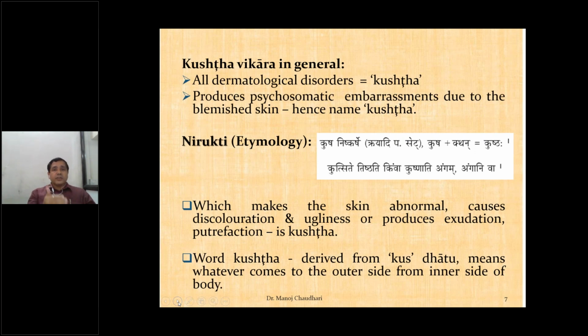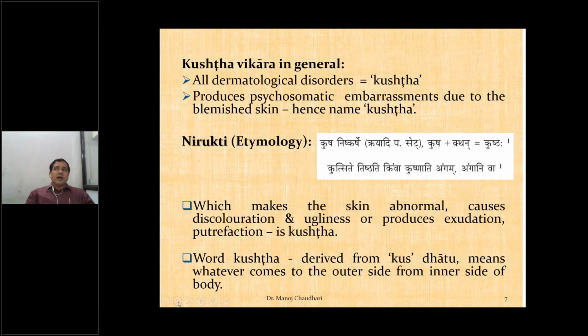Now we will see Kushtha Vikara in general, like etiology, etc. All dermatological disorders are labeled as Kushtha in Ayurveda, which produces psychosomatic embarrassment due to the blemished skin, and hence it is named Kushtha. Kutsite tishtati kyu kushnati angam angani va.